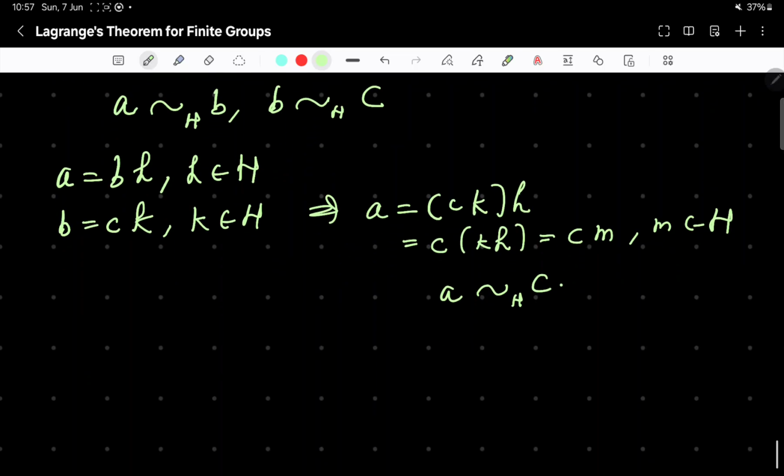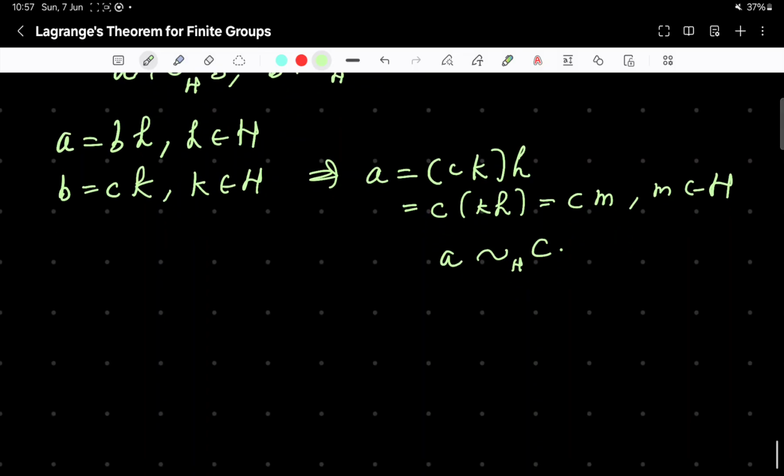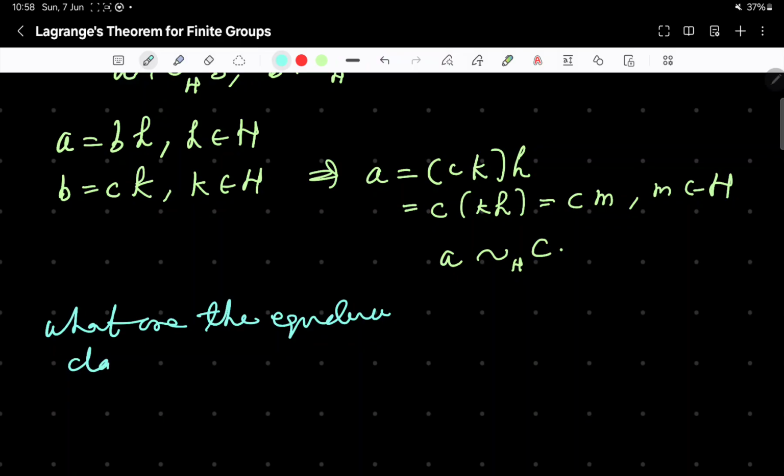So why is it important to prove it is an equivalence relation? Because there are equivalence classes of this relation. So what are the equivalence classes?